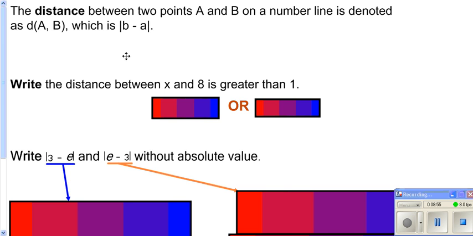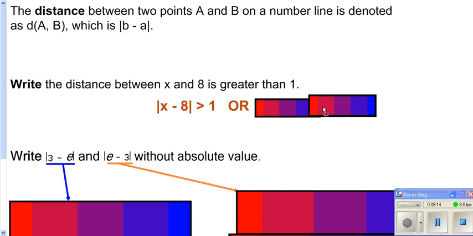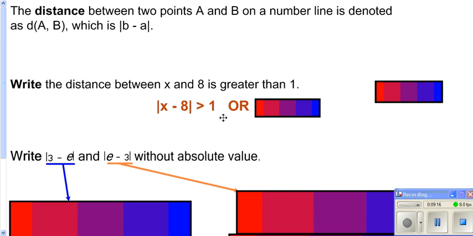So if we're looking at the distance between x and 8 and we want it to be greater than 1, well, you're going to have to subtract these two. But we've got to have the absolute value in there because we've got to make sure what we get out is positive. The greater than 1 is given to us by this.